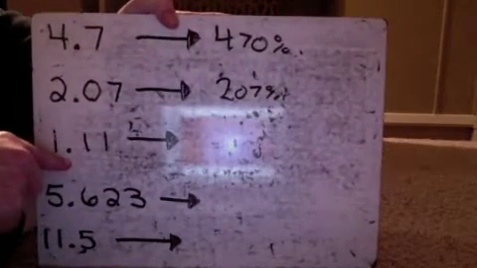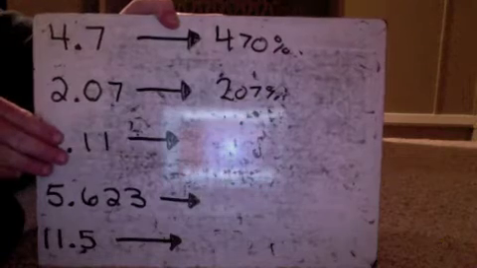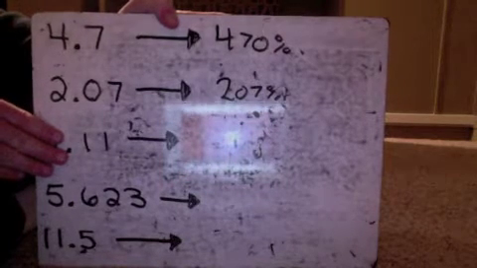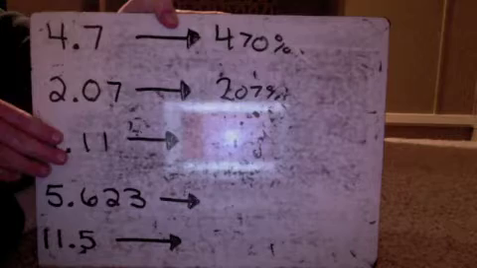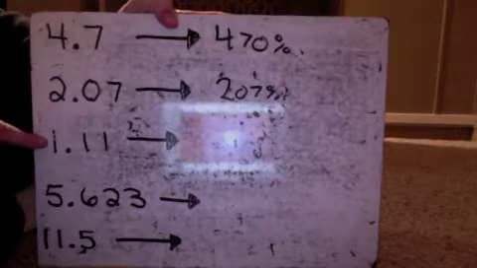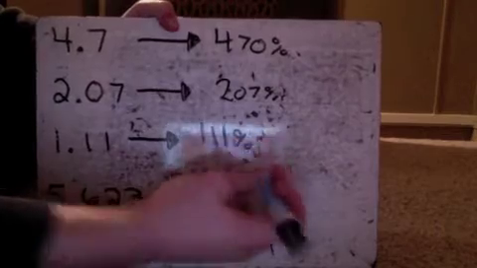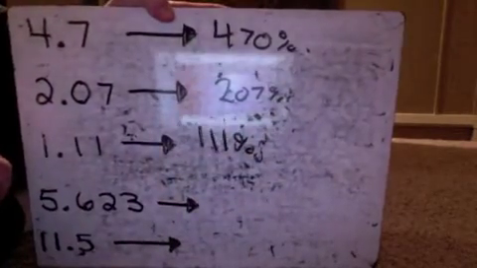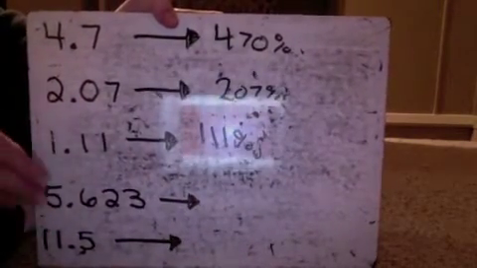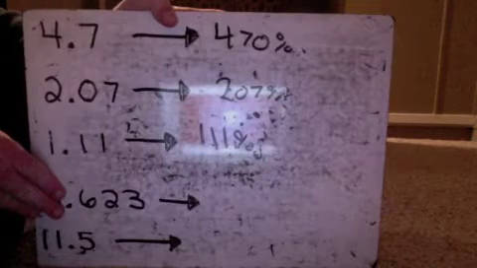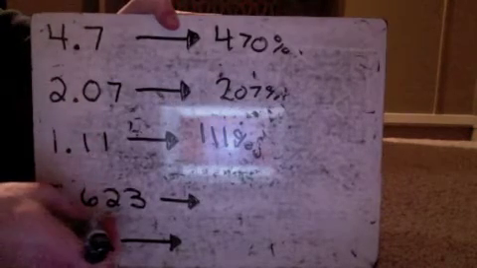If I come down to this one, if I cover this up and just have the 0.11, that's of course going to be 11%. But since I have the 1 out in front of it, that is going to turn into 111%. On to the next one, if I covered this up, remember with a decimal we only need the first two numbers.